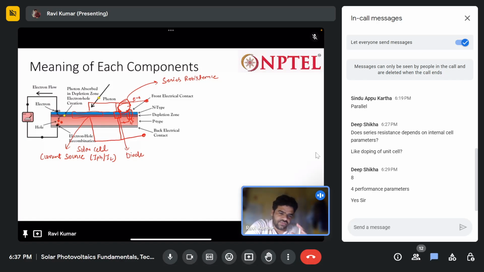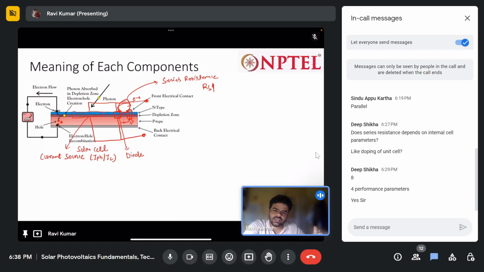Because if visually you know what parameter is representing what part of a solar cell, then your understanding will be at like another level. Otherwise, you know each and everything from an electrical model only. But if there is some kind of change in the electrical model, let's say RS is increasing, what will you just imagine?